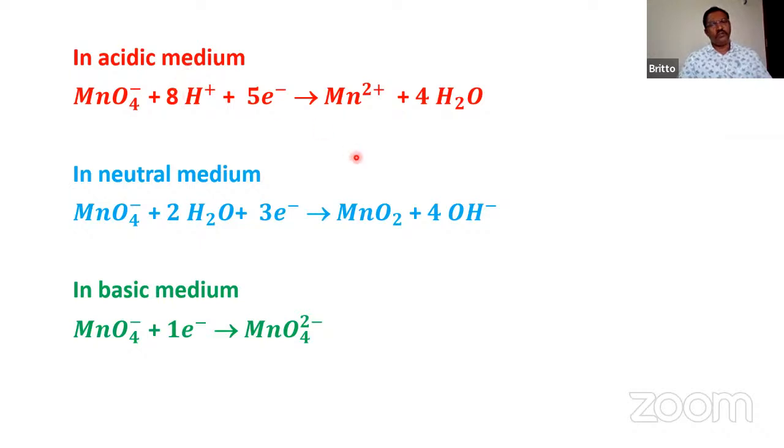Another important thing is that electrons should be placed where H plus is. Remember that one.